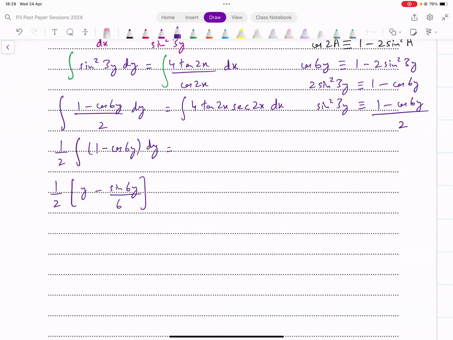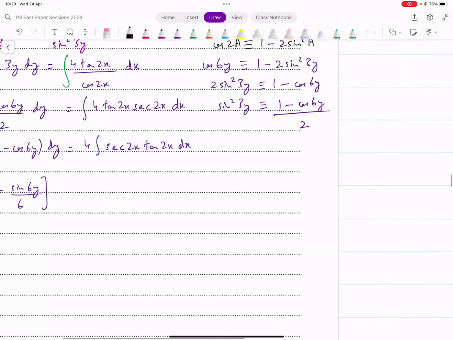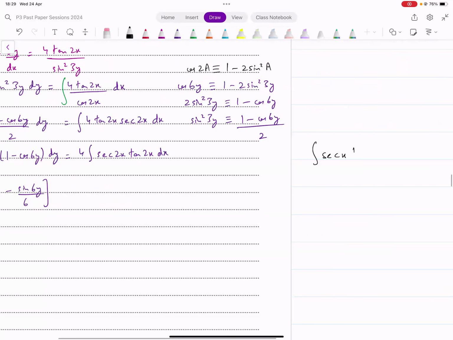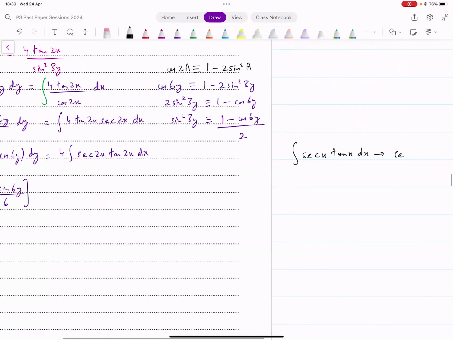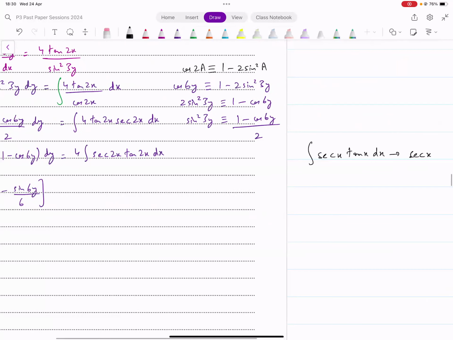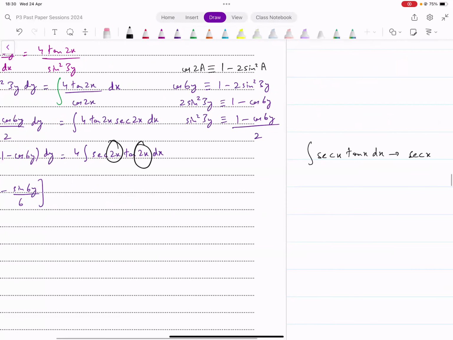We could rearrange it first: write 4 outside. Inside, we're left with secant of 2x into tan of 2x. And now we know integration of secant x into tan x is secant x.